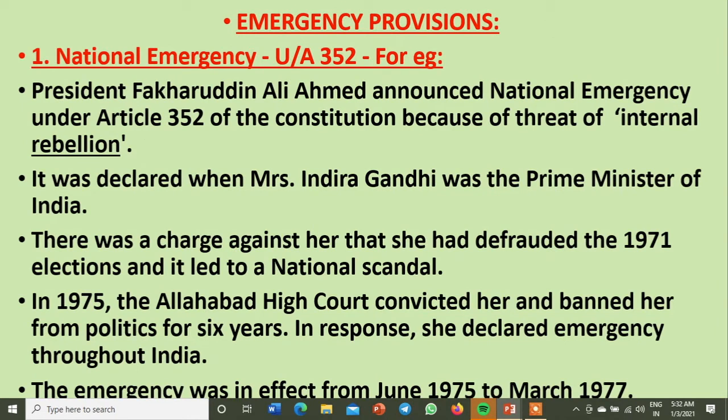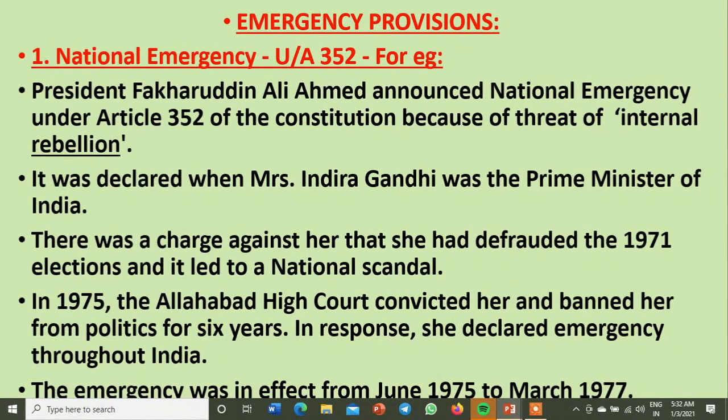The first is national emergency under Article 352 of the Constitution. President Fakhruddin Ali Ahmed announced national emergency under Article 352 of the Constitution because of the threat of internal rebellion. Yes, he declared it because of the threat of internal rebellion.